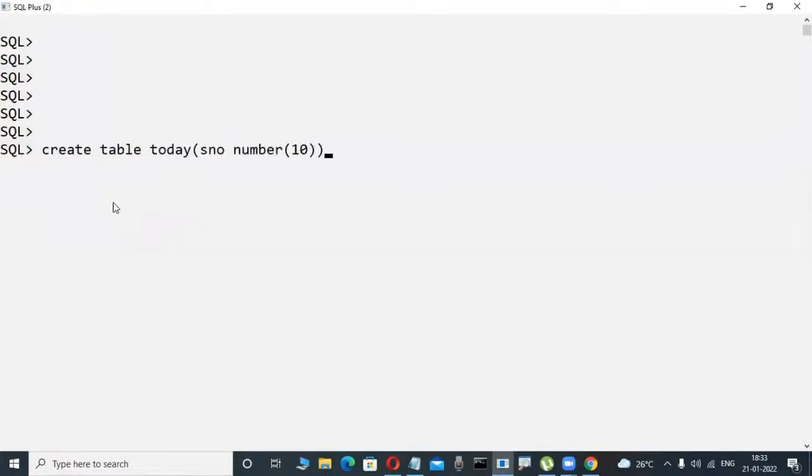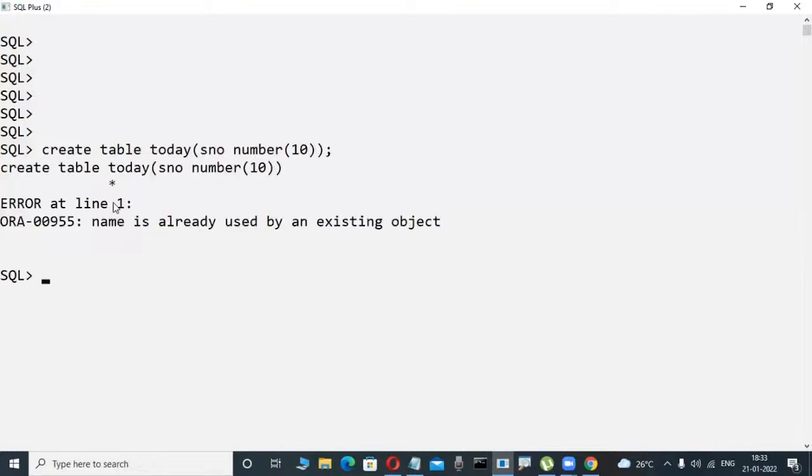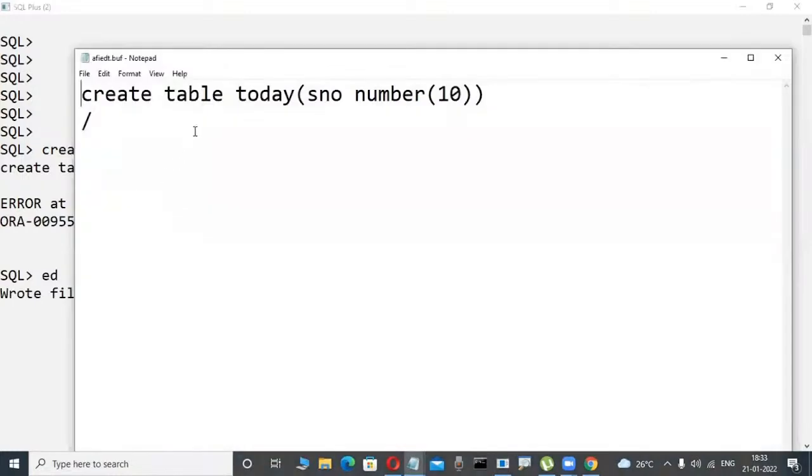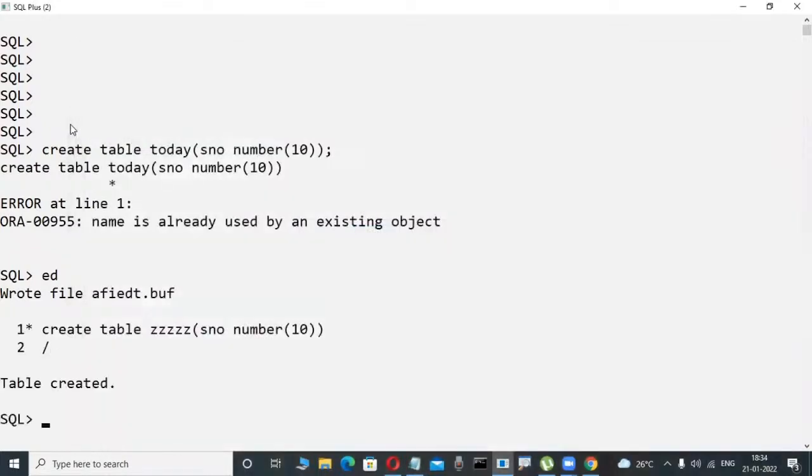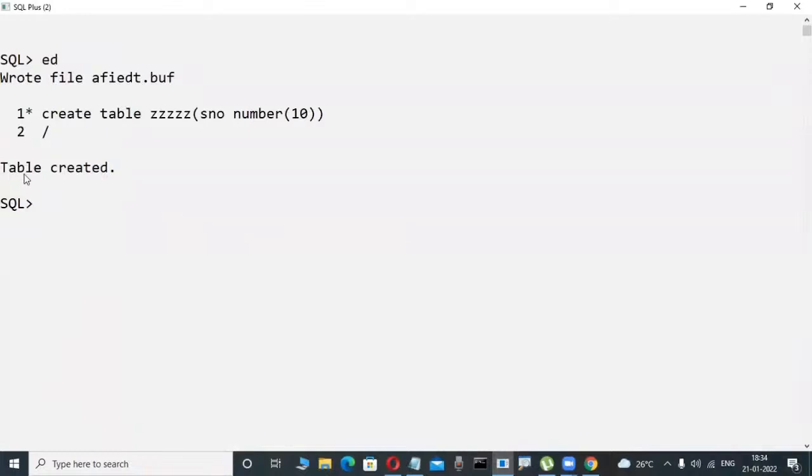Slowly observe it here, concentrate here. Suppose Z is a table. For example, I am creating it. Okay, fine, for example, this table is created.